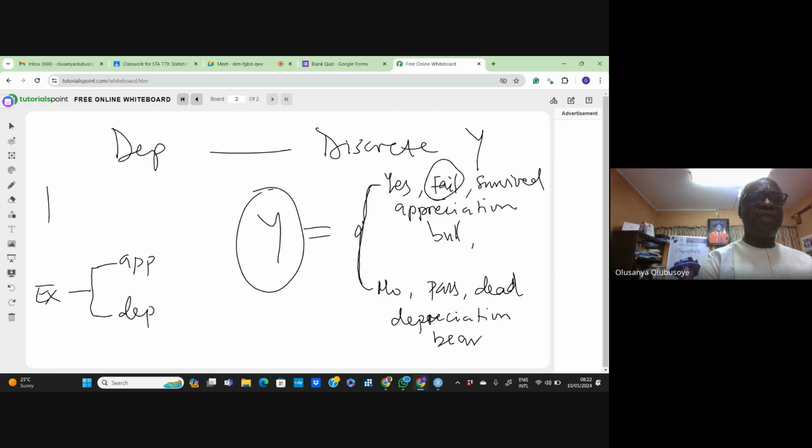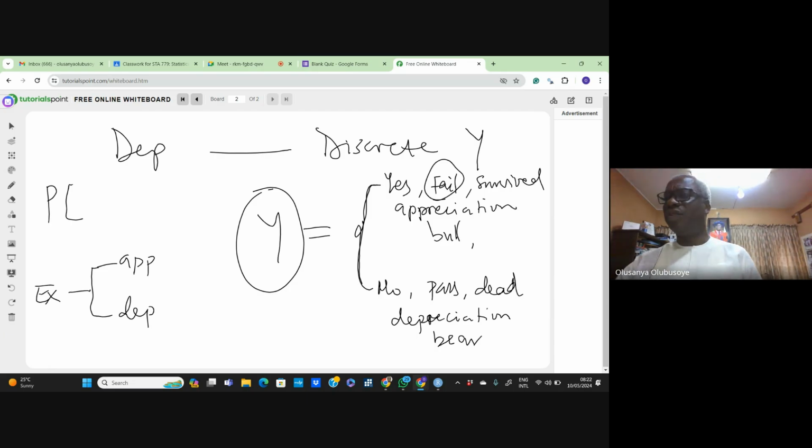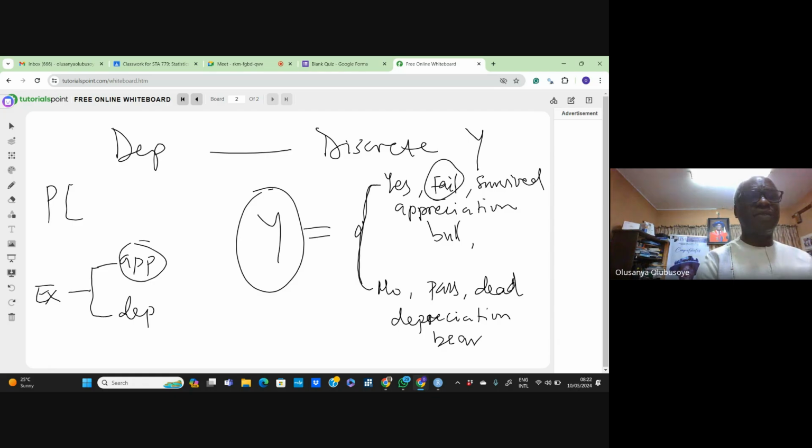We can be interested in the probability of whichever we consider a success. So we can consider appreciation as a success, which means we are looking at the probability of the exchange rate appreciating.